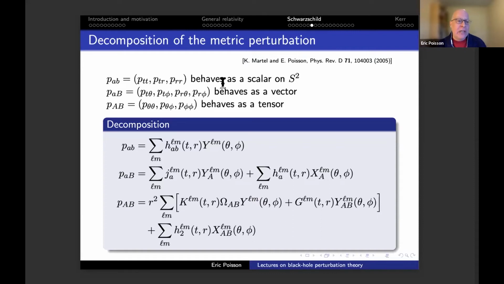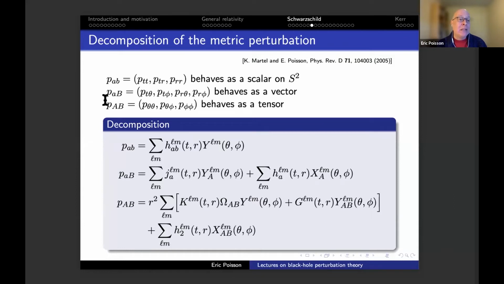What I'm trying to say here is that anything that doesn't have an angular index, like the time-radial component of my metric tensor, my metric perturbation tensor, all of those things will behave as a scalar on the sphere. So I'm working on the sphere.